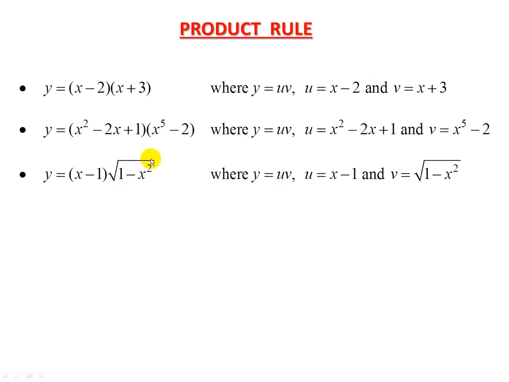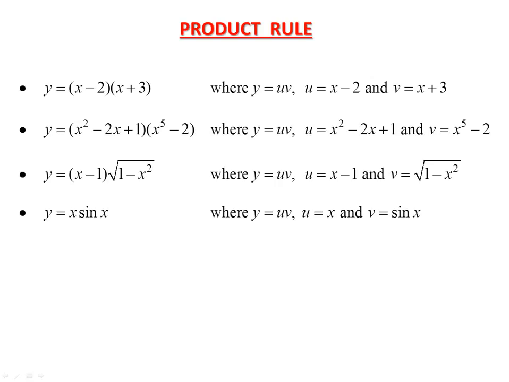That line across there means bracket. So therefore we have bracket, bracket. This is like the house you remember. So we have y equals uv. u is the content of the first bracket and v is the second.